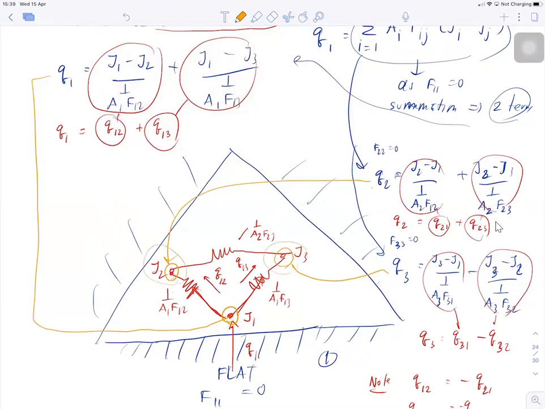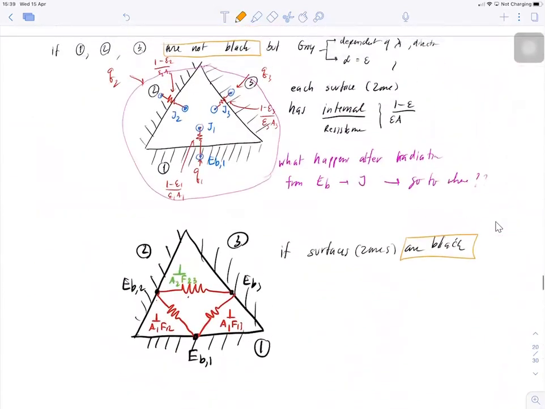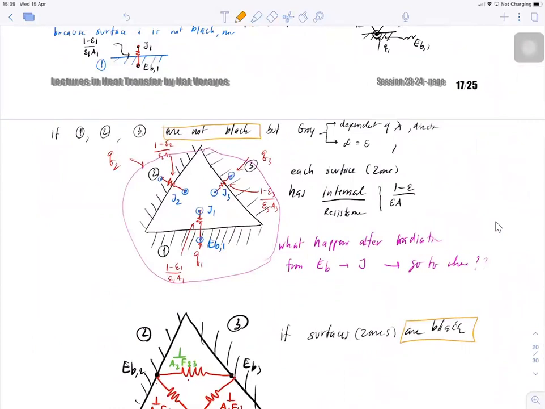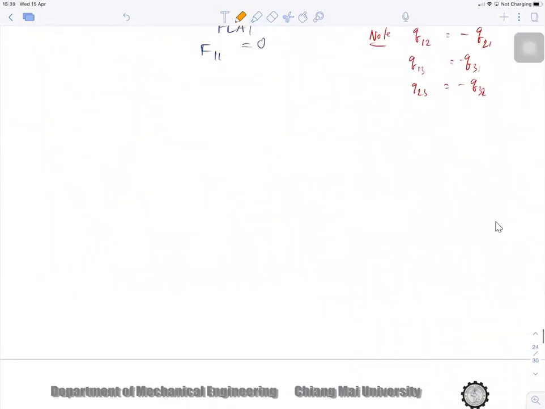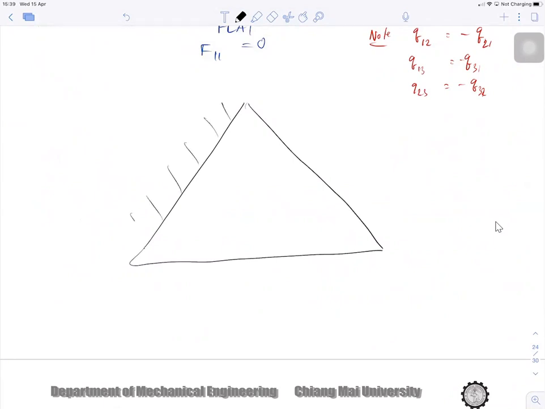J, and see, J. To complete things up, you will be seeing that if you have three surfaces and they are not black, this is surface 2, this is surface 1, and this is surface 3.